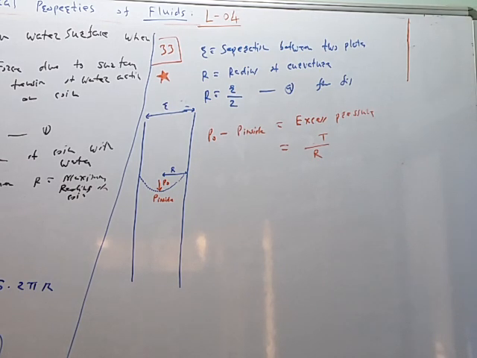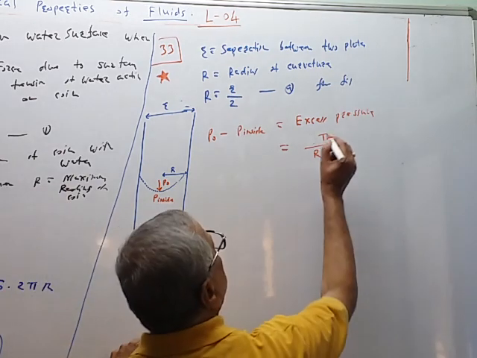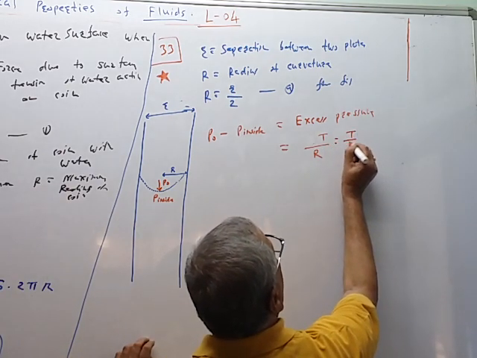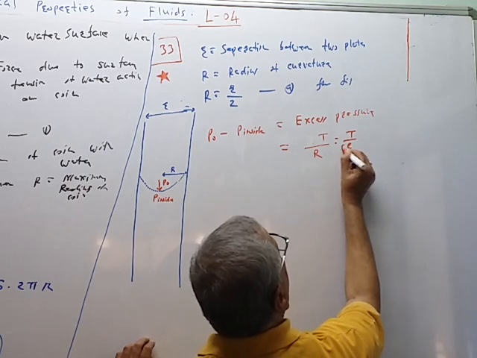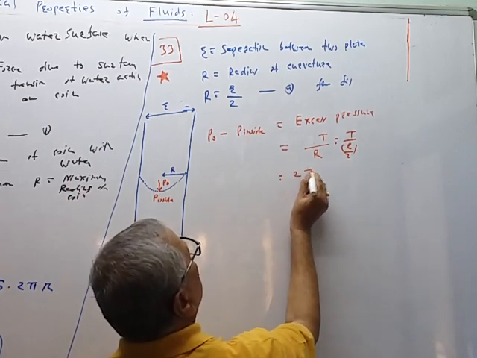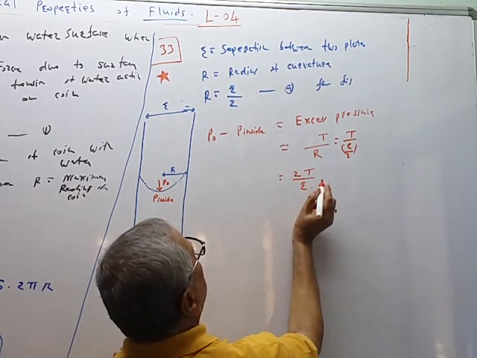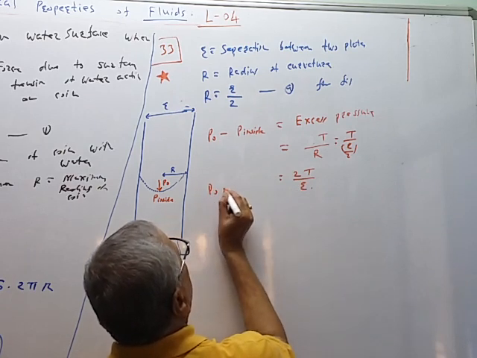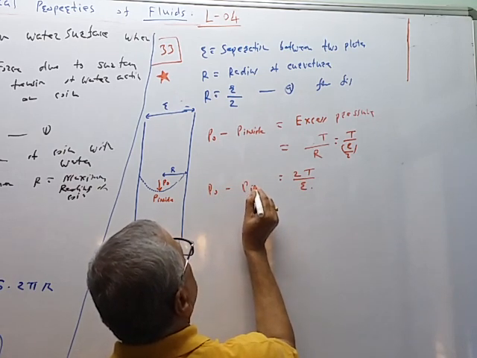So excess pressure is equal to T upon R, so this is equal to T upon R by 2. So this is equal to 2 times T upon R, P0 minus P inside.